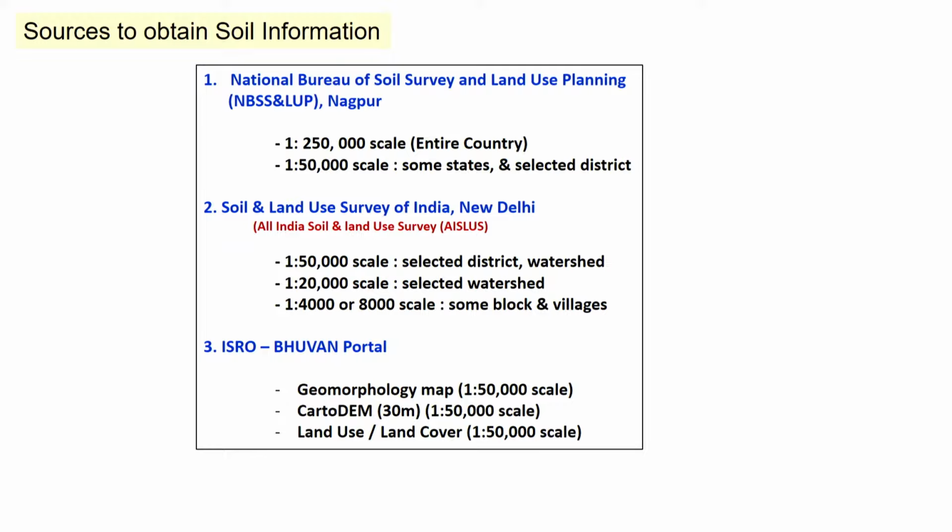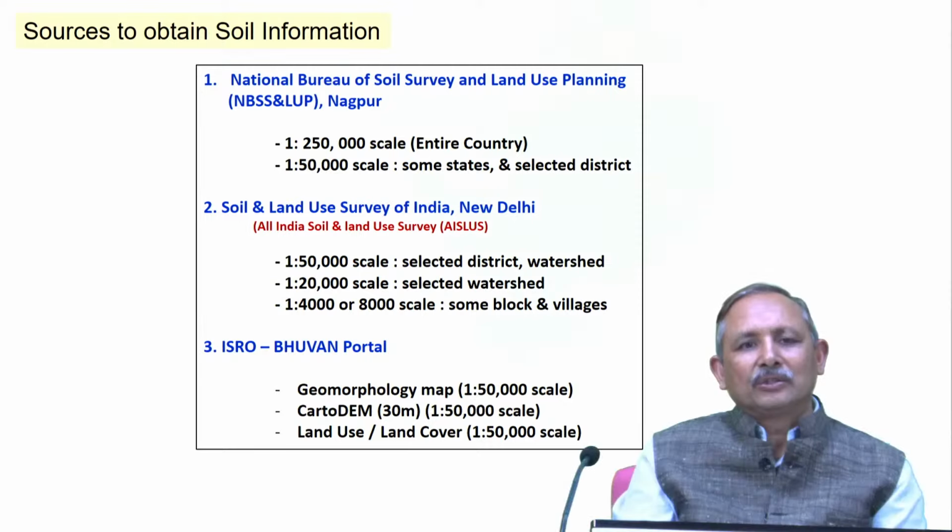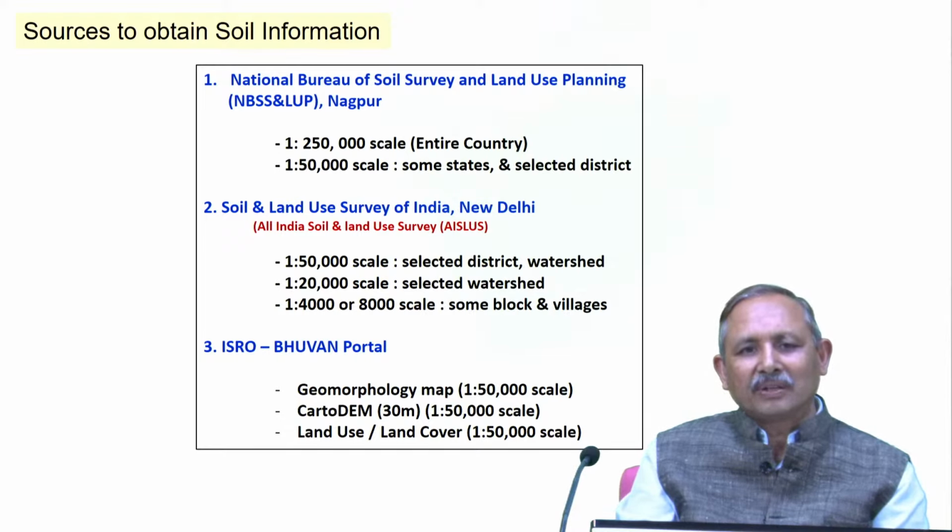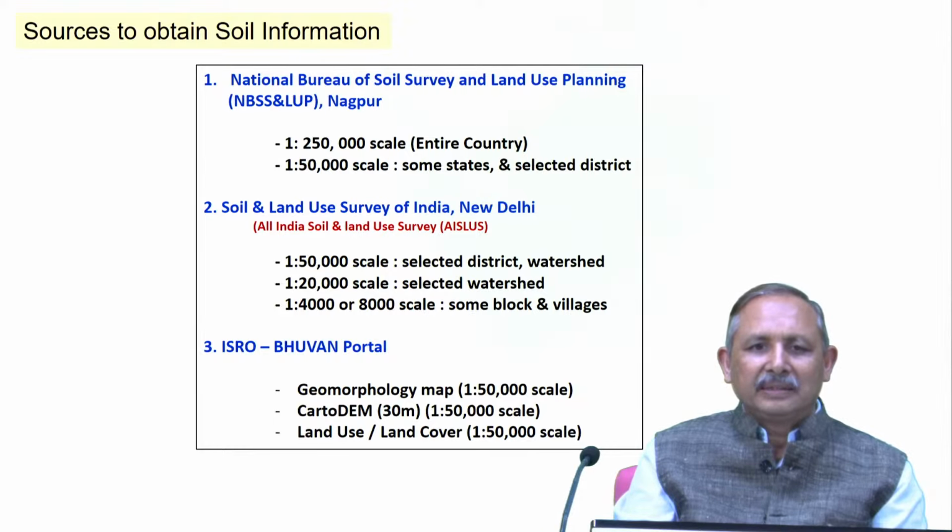It prepared the 1:50,000 scale, 1:20,000 scale, and very detailed 1:4,000 scale maps. And related information we are also getting from the ISRO Bhuvan portal as a geomorphology map at 50,000, digital elevation model at 50,000 scale, land use land cover at 50,000 scale, and also available at 1:10,000 scale for detailed planning.